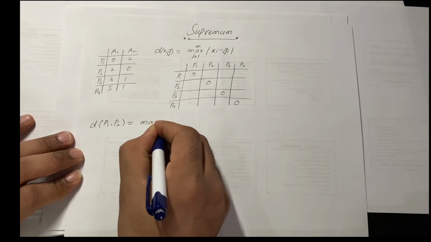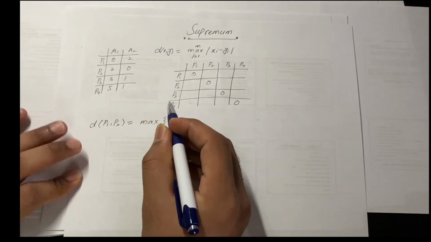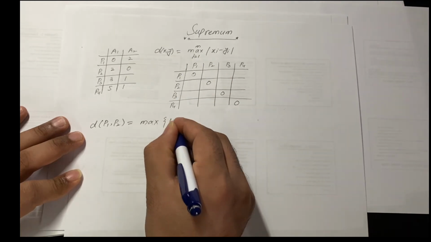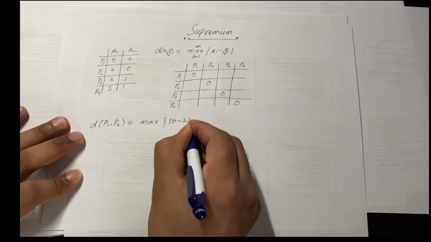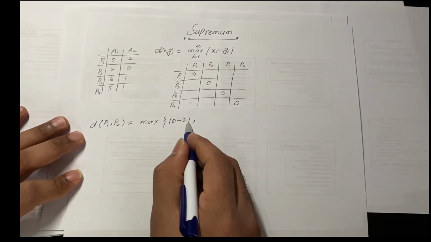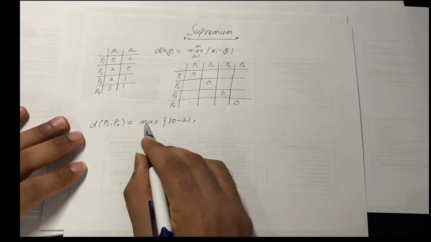For P1 P2, the formula is maximum of 0 minus 2, comma, because we have to find the maximum value between P1 and P2.